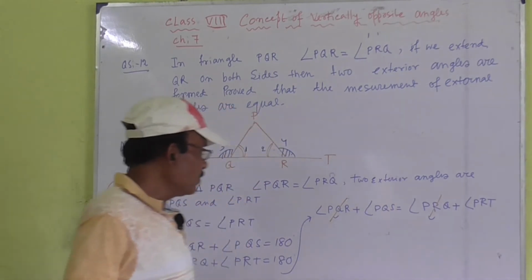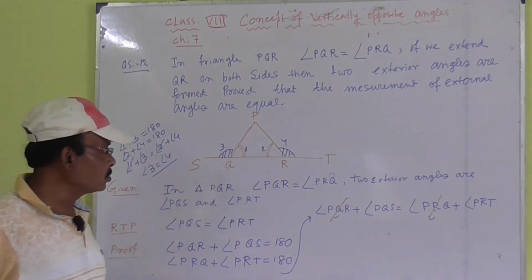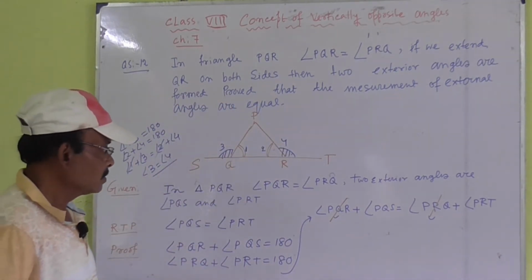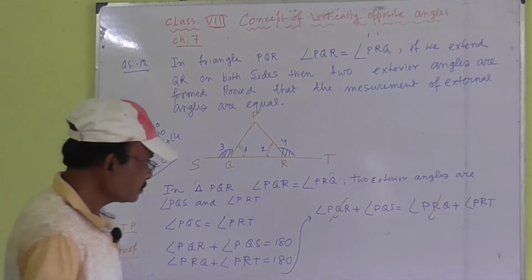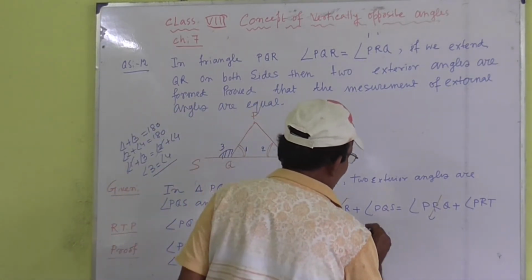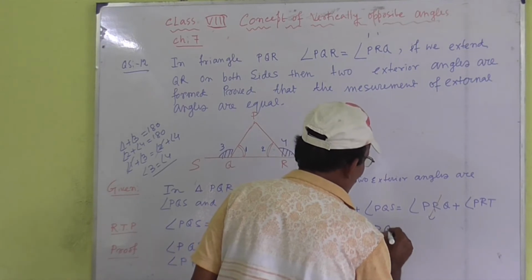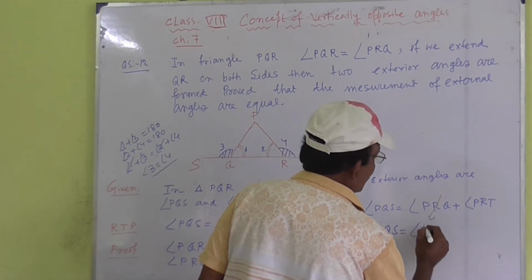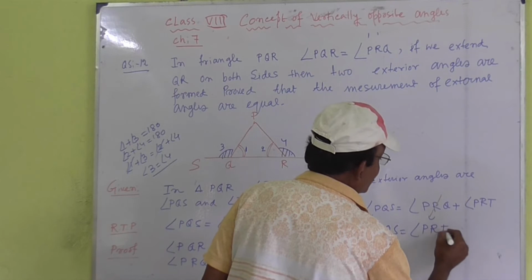Why? Because it is given that angle PQR equals angle PRQ. Okay, so angle PQS equals angle PRT. Proved.